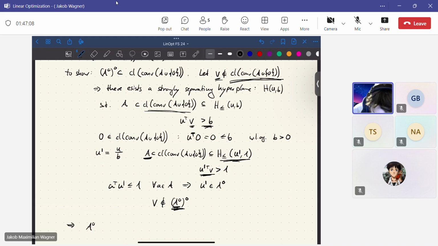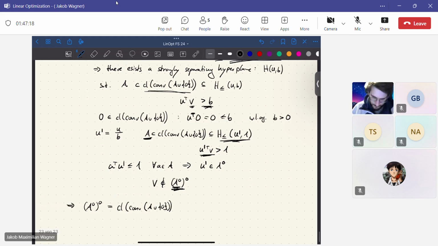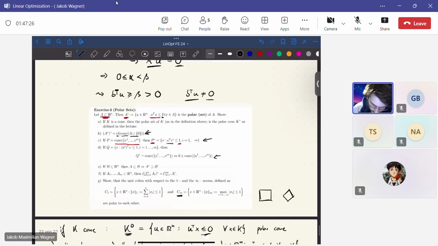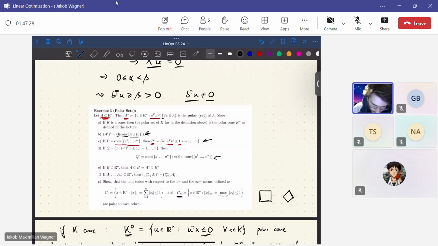We have now shown that A double polar is exactly this closure of the convex hull of A, including 0. Okay. So maybe let's do the part C and D still, and then the remainders are just consequences of what we've done so far.